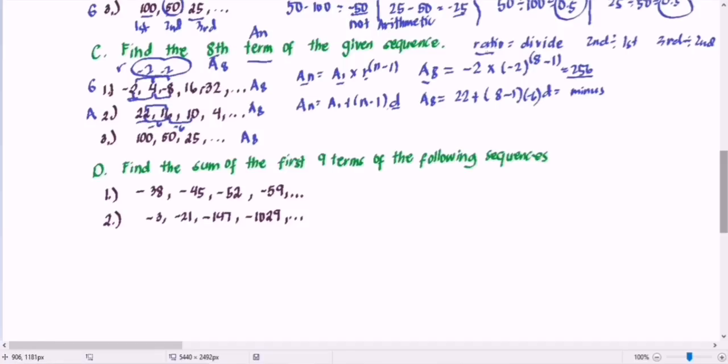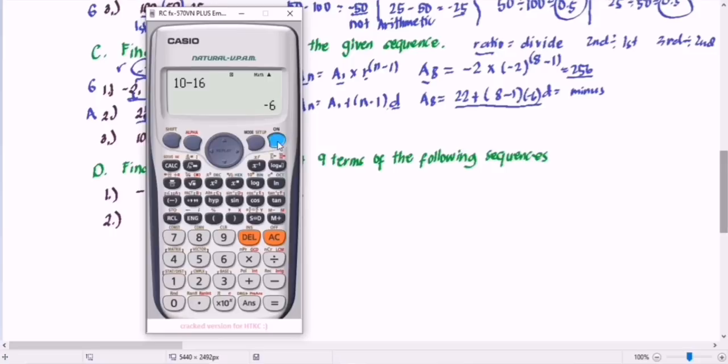Kapag yung common ratio o yung common difference ay negative, lagay nyo lang ng parenthesis. So, the answer in here, ilagay nyo lang sa calculator to. Ito hanggang negative 6. So, lagay natin sa calcu. So, you start with 22 plus quantity of 8 minus 1. Then, lagay nyo ng times.